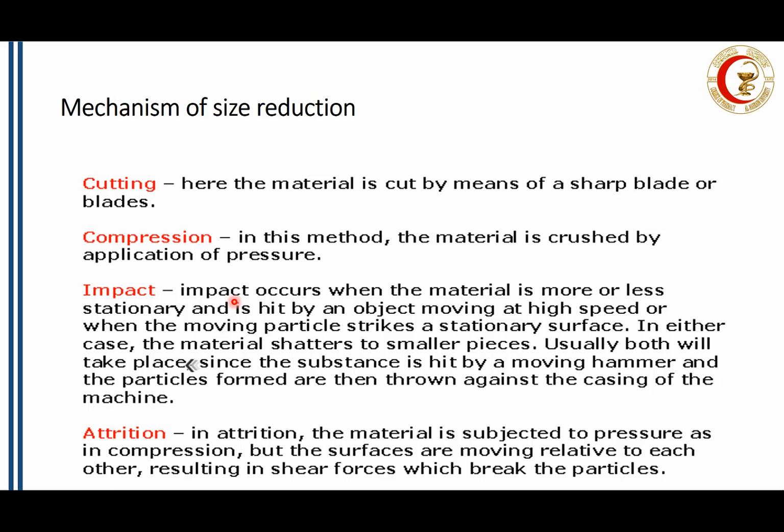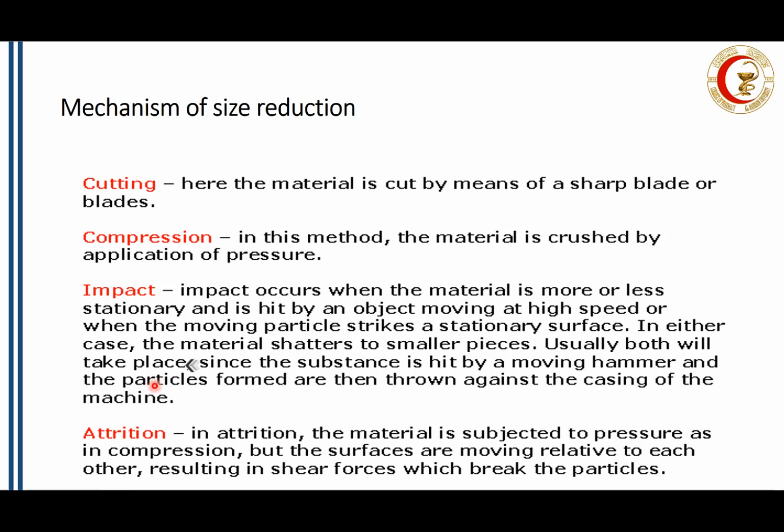We have to apply it at a high speed, or when the moving particle strikes a stationary surface, that is the reverse. We project the material directly to a hard surface to be broken upon it. In either case, the material is shattered into smaller pieces. Usually both will take place, since the substance is hit by the moving hammer, and the particles formed are then thrown against the casing of the machine.